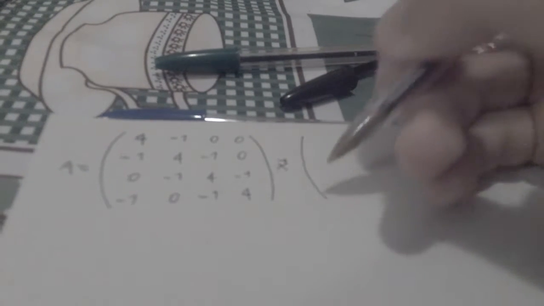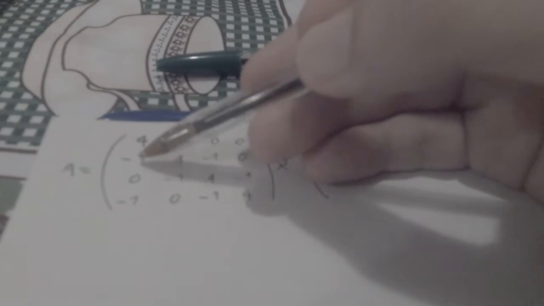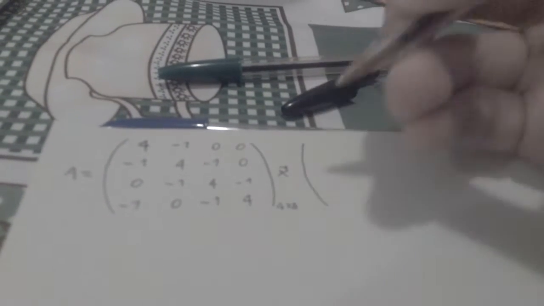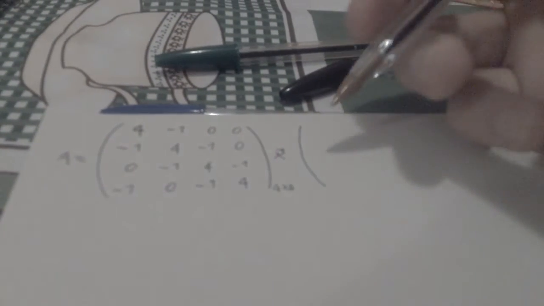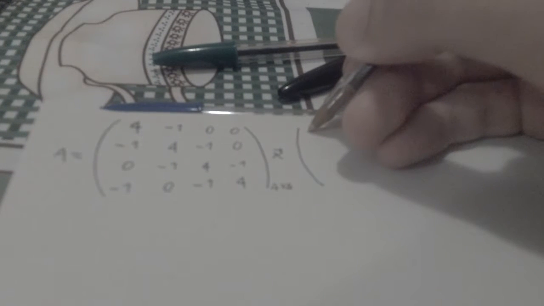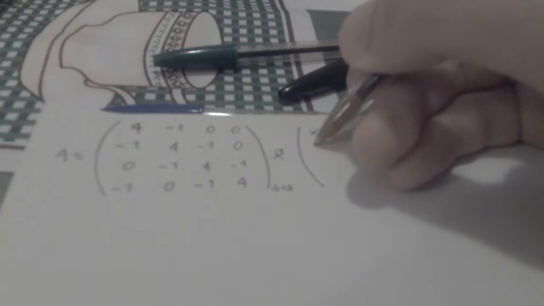This is our matrix A. So a 4 by 4 matrix. Then we have our vector X with components 1, 2, 3, 4. We are working in R4, the 4-dimensional space. Vector X has components x, y, z, and w.